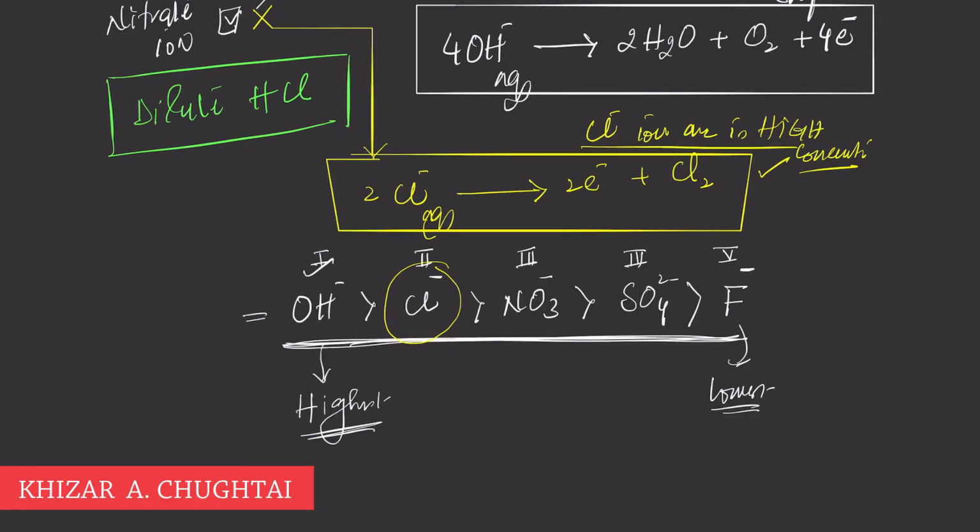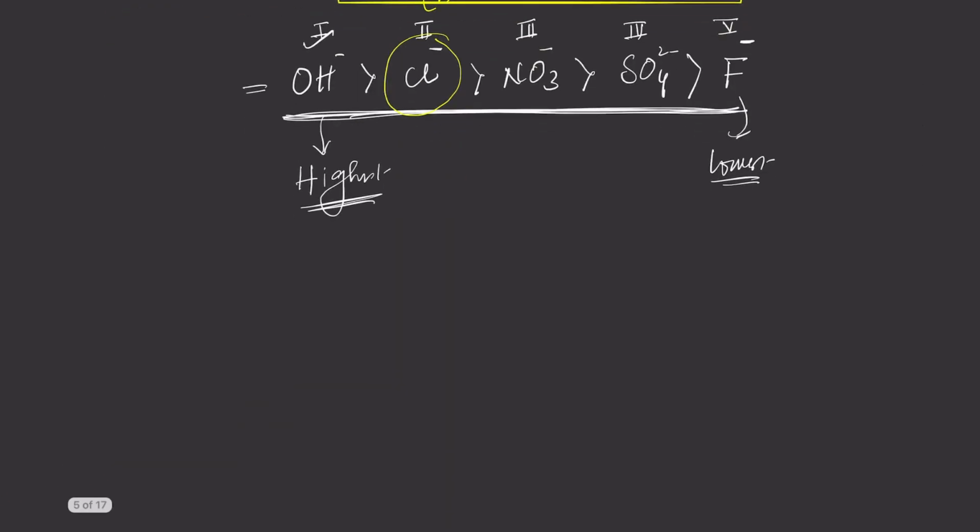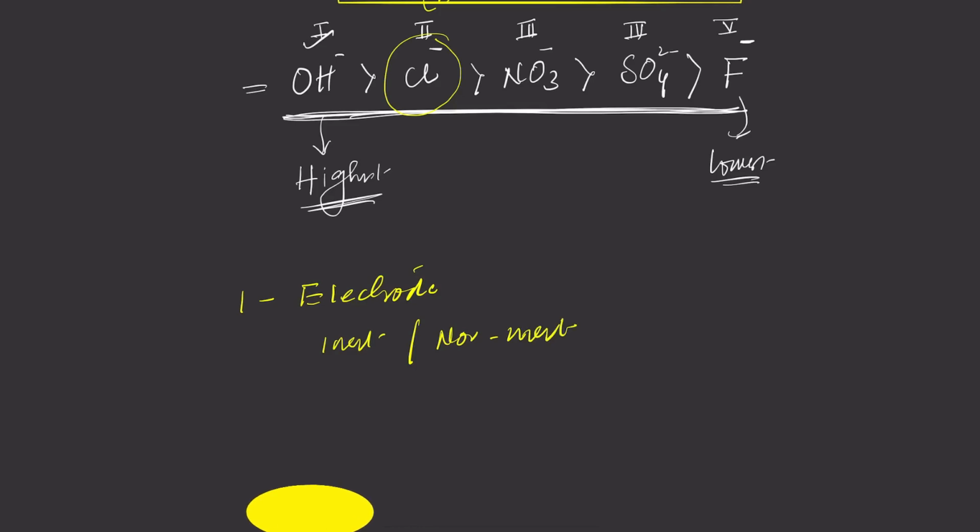Basically, there are 3 factors that can change the nature of these outcomes. Number 1, the nature of the electrode, inert or non-inert. It depends upon the inert or non-inert nature.